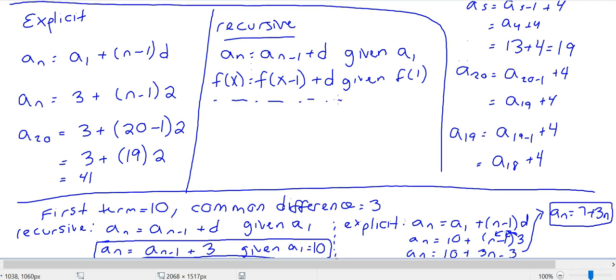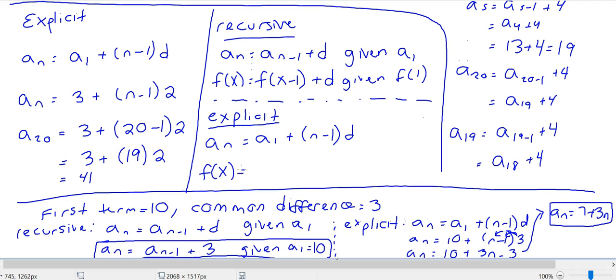And for the explicit sequence, it's the same thing. Instead of writing a sub n is equal to a sub 1 plus n minus 1 times d, it might be written as f of x is equal to f of 1 plus x minus 1 times d. But this means exactly the same thing.